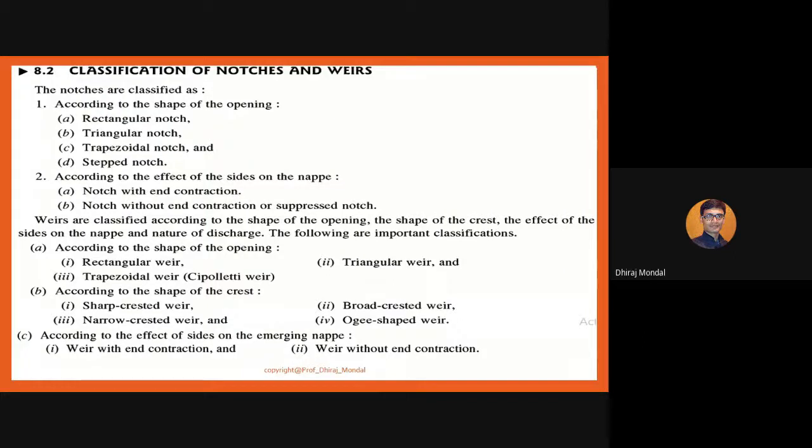Now there are a lot of types of notch. I am not coming to the discussion on this right now. According to the shape of the opening, there are rectangular notch, triangular notch, trapezoidal notch, and stepped notch.